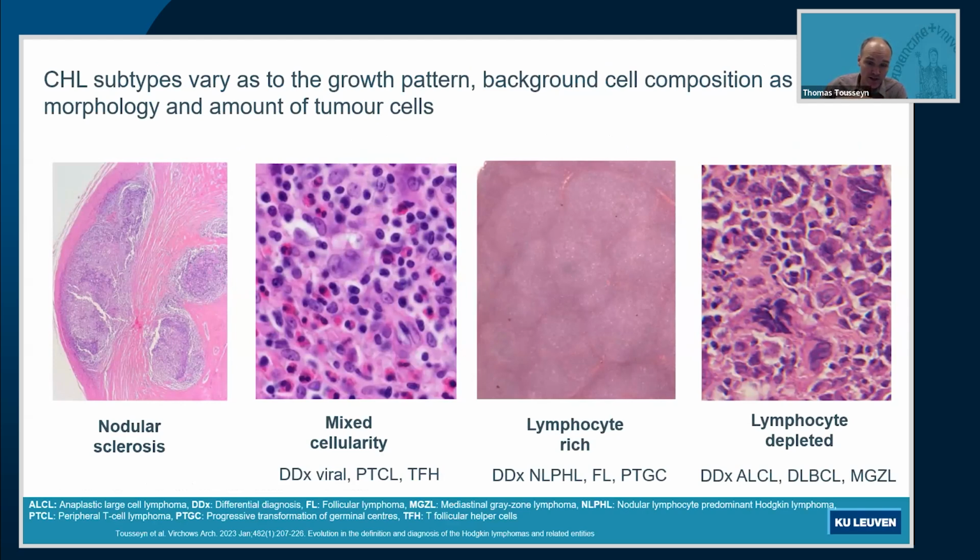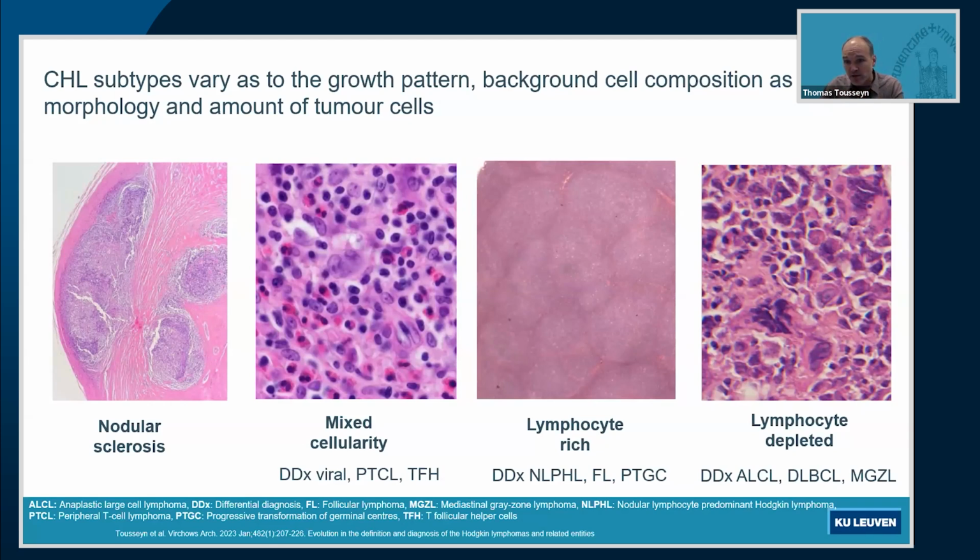And in the nodules, you will find a mixed inflammatory infiltrate with these Hodgkin-Reed-Sternberg cells. The mixed cellularity type, on the other hand, is a more diffuse disturbance of the architecture with a mixed composition of cells, with eosinophils, plasma cells, histiocytes, and then a few of these Reed-Sternberg cells.